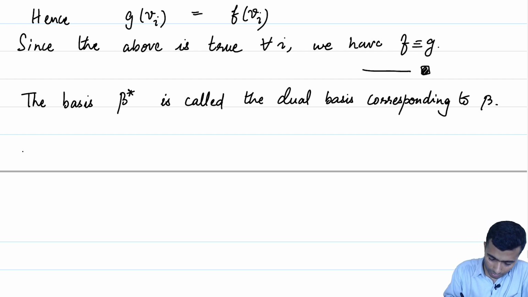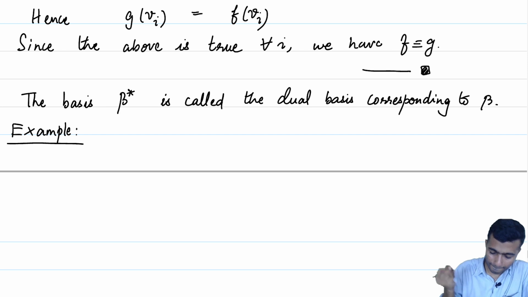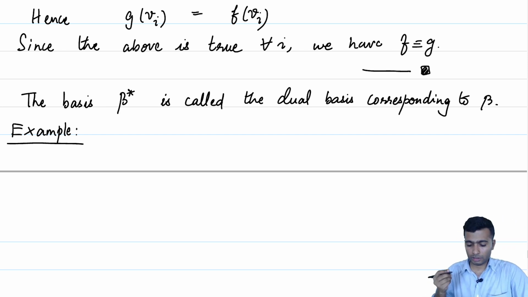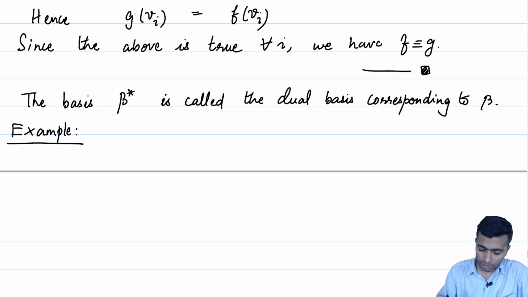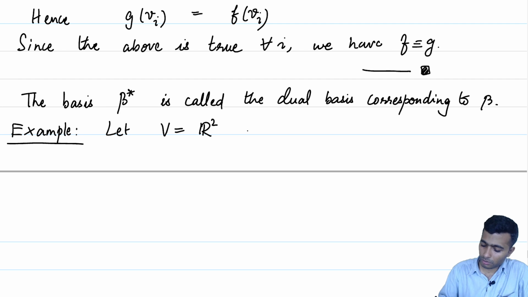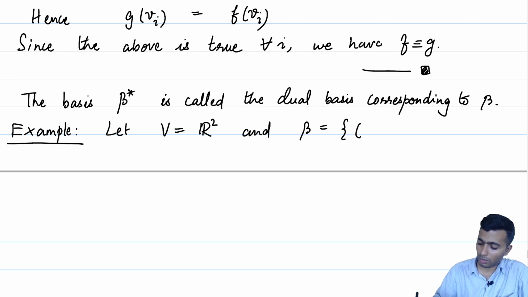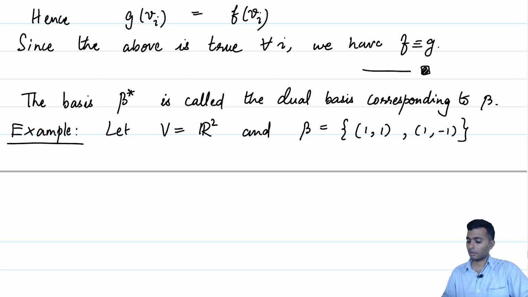Okay, let us now look at an example. So, an example, let me start here. Let us consider the simple case of V being R2, and suppose beta is the ordered basis given by (1, 1) and (1, -1), V1 and V2.